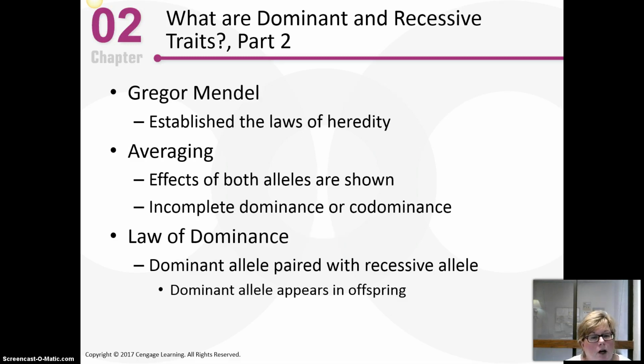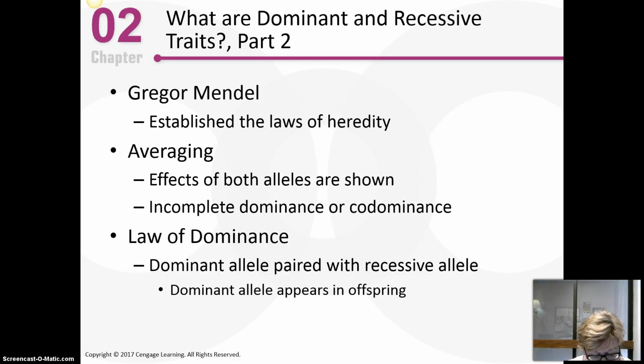There was a person called Gregor Mendel, and he established the laws of heredity. He actually did his research and became more knowledgeable using pea plants, P-E-A, pea plants. And he was finding the traits and crossing them to see what the outcomes would be.